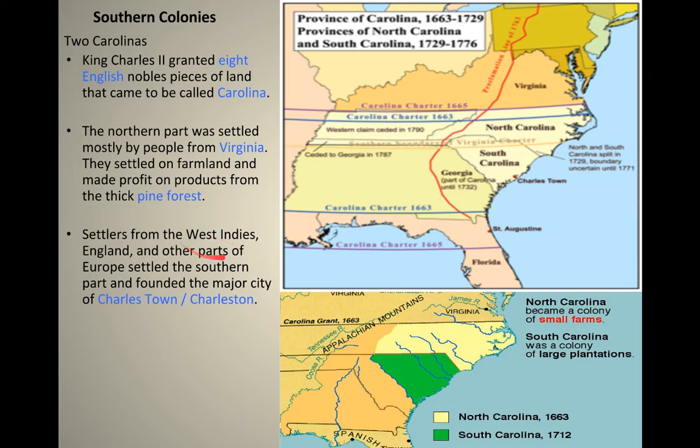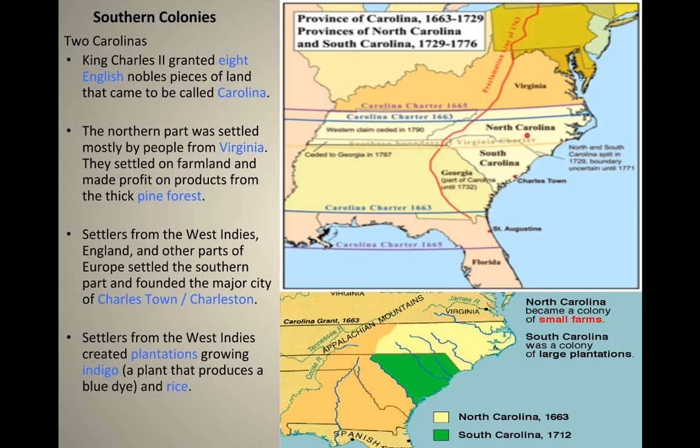So these are people from like the West Indies and England and all over Europe. New people coming over settled in South Carolina, whereas North Carolina, people just kind of moved down from Virginia. And also with these people that are moving to South Carolina, these people from the West Indies, they created plantations where they grew indigo and rice.